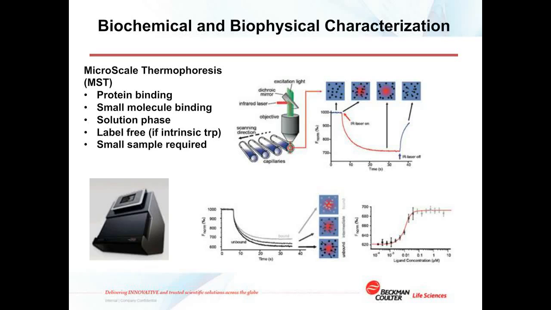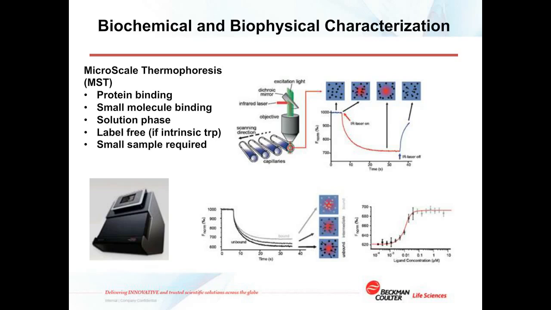Microscale thermophoresis is yet another way to measure protein interaction potentials or small molecules, peptides. This does use fluorescence, and there are two different flavors in which it can be performed. In one, intrinsic tryptophan fluorescence can be used to read out protein fluorescence, and in the other, you can attach a fluor to the protein of interest.